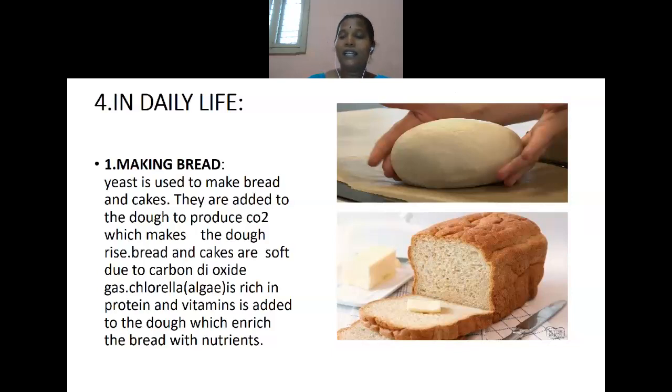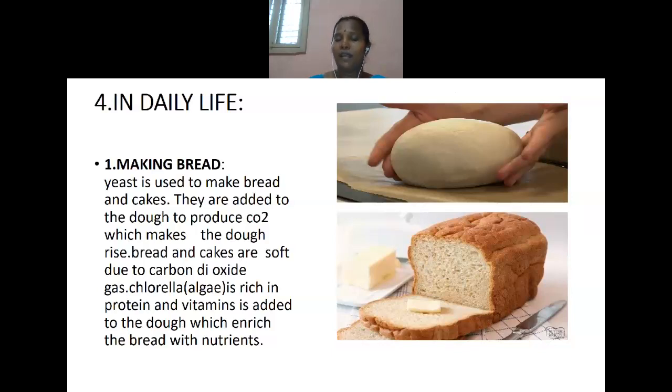Idli and dosa also have small bubbles. Here also some microbes carry out aerobic respiration and finally produce carbon dioxide, that's why idli and others also have these bubbles.